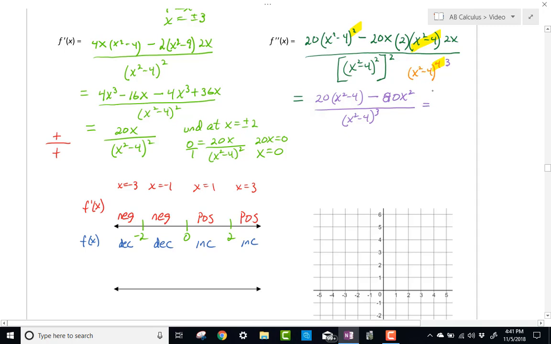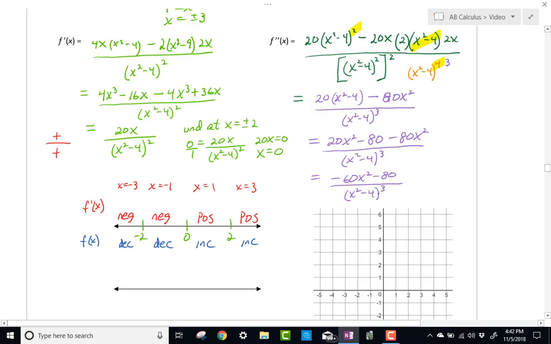Cleaning up the numerator here, I'm going to distribute the 20. That's going to be 20x squared minus 80 minus 80x squared all over x squared minus 4 to the third power, and that's all going to equal 20x squared minus 80x squared is negative 60x squared minus 80 all over x squared minus 4 to the third power.